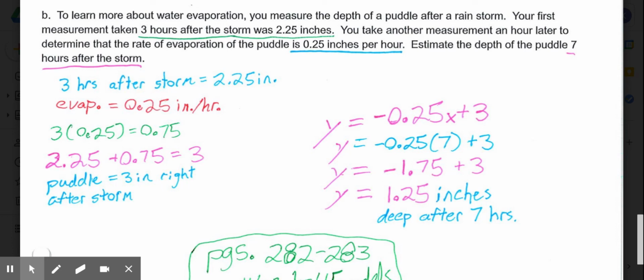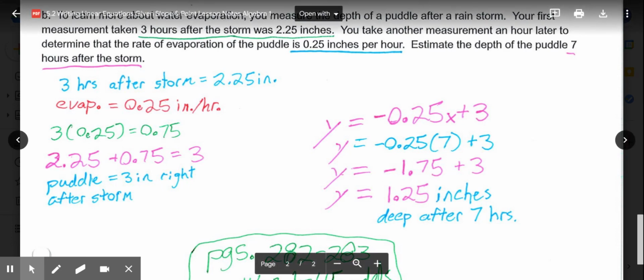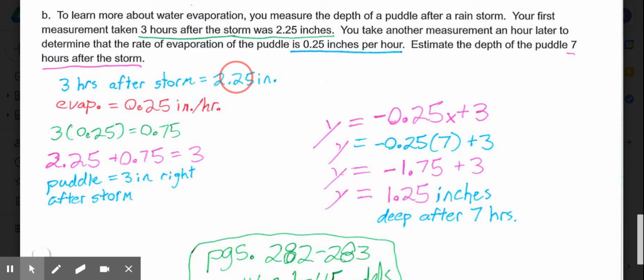So if we're going for 3 hours after the storm, we were at 2.25 inches. We first need to figure out where the puddle was at the time the storm stopped. So where was the puddle at 3 hours ago?